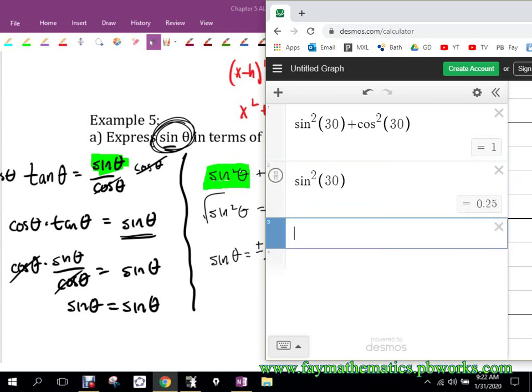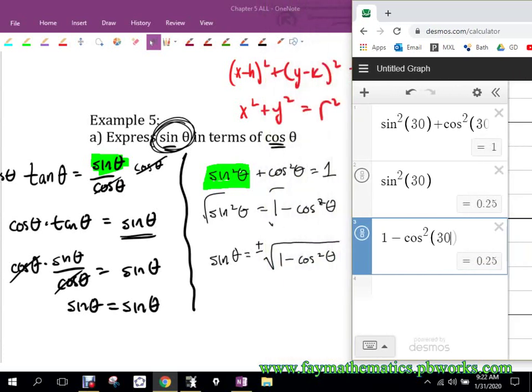Does that end up being the same thing as 1 minus cosine squared of 30? That tells me this first step, which we should have known from like 6th grade, moving this thing over, is a legal algebraic operation, and what I'm left with should be true. It should provide the same information as the statement before it.